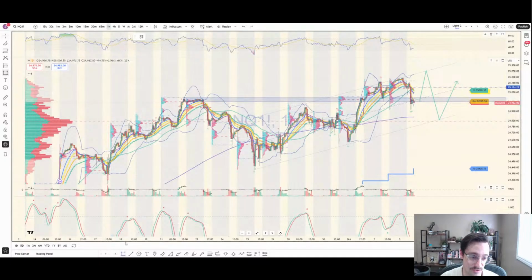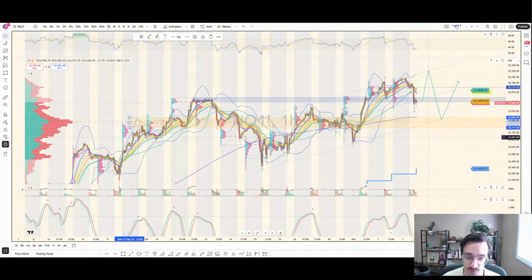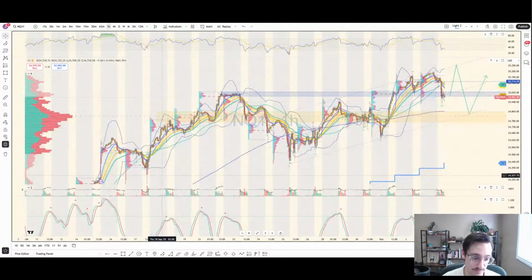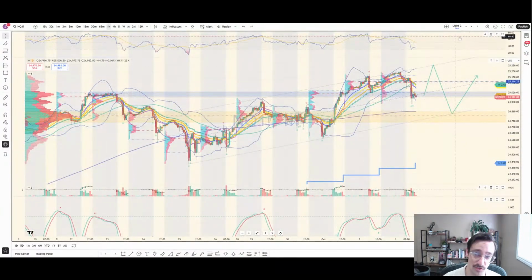So if we stack all of these points of control, it'll be a zone like this. So those are some ways you can frame it, things you can watch and look for. And I know this seems like cherry picking, so we can backtest. We can go through some random days as well.